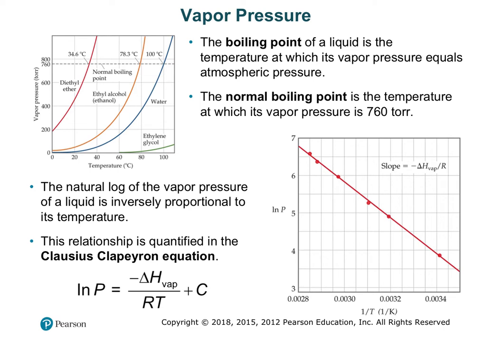It happens to be the temperature at which the vapor pressure equals the atmospheric pressure. Normal boiling point is basically defined as when the vapor pressure equals 760 torr, or 1 atmosphere. So normal being 1 atmosphere.